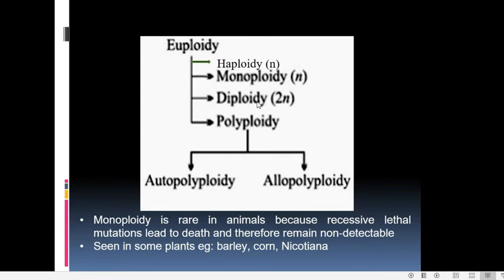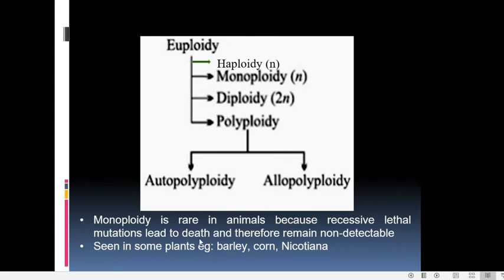The last one is polyploidy. In polyploidy, the chromosome number in the somatic cells will be many times that of the basic chromosome set, more than 2 times, starting from 3x, 4x, 5x and so on. Polyploidy is divided into autopolyploidy and allopolyploidy. We will go through them one by one.